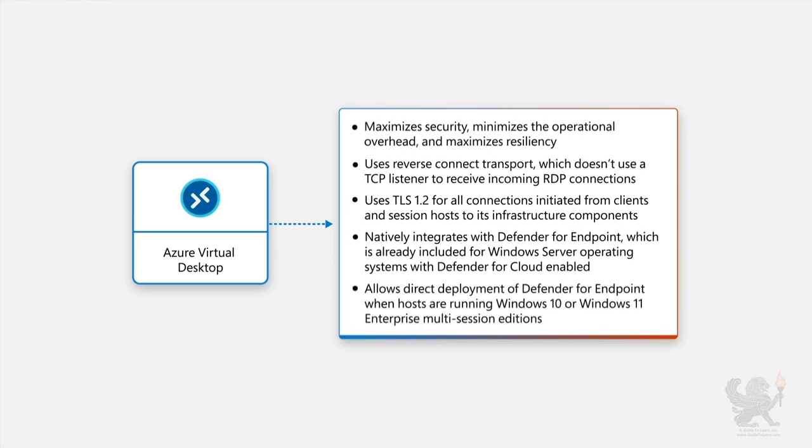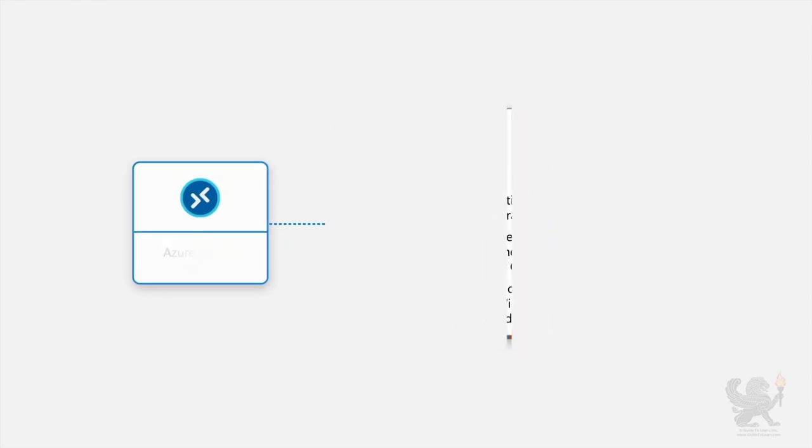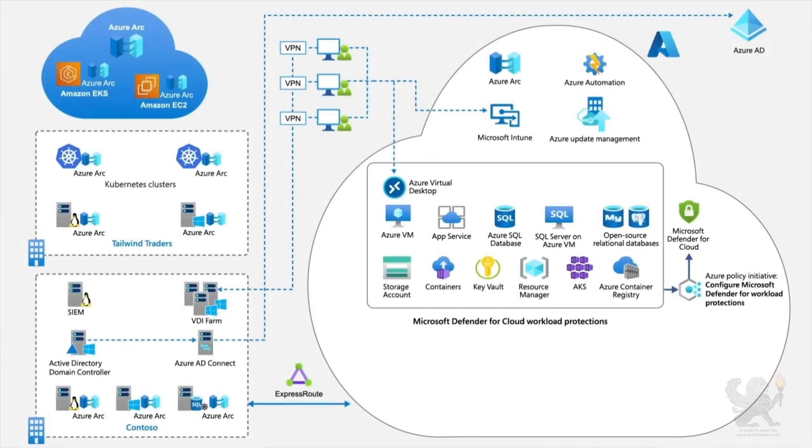For Azure Virtual Desktop hosts running Windows 10 or Windows 11 Enterprise Multi-Session Editions, Contoso can deploy Microsoft Defender for Endpoint directly. Once Contoso validates the functionality of the Azure Virtual Desktop environment, they can decommission their on-premises VDI farm.